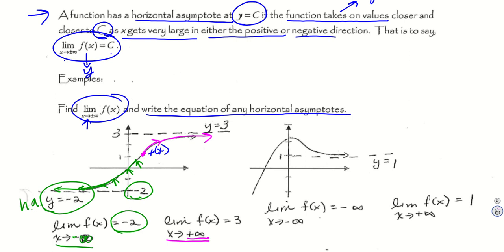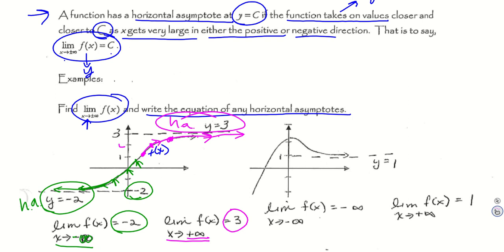Here my y coordinate looks like it's about 2, and here my y coordinate might be 2.5. So my y coordinates are getting bigger and bigger, but as I follow along this graph, they're never getting any larger than 3. 3 is my upper limit. So my limit is 3, and I have a horizontal asymptote at y equals 3.